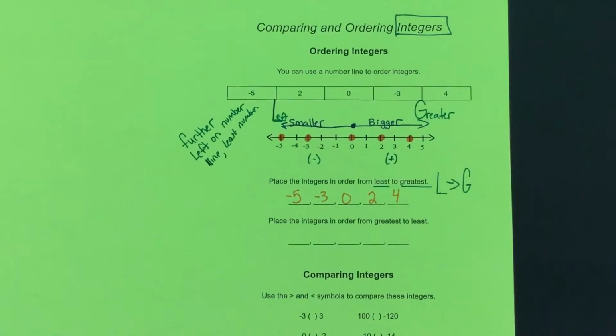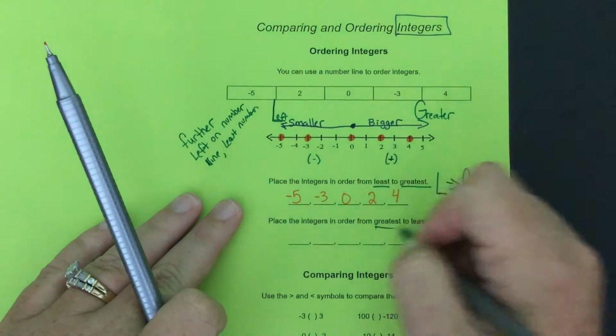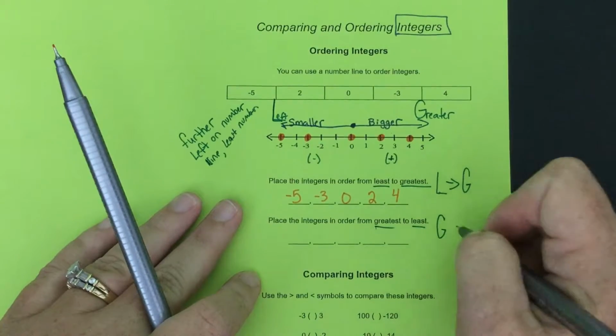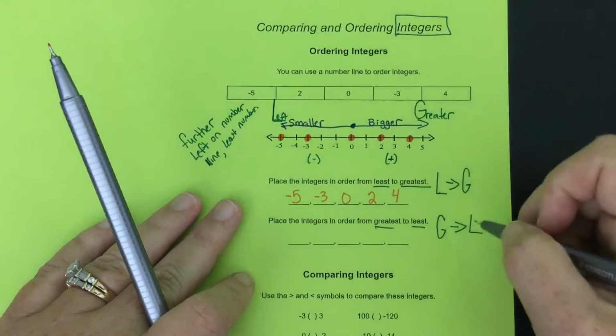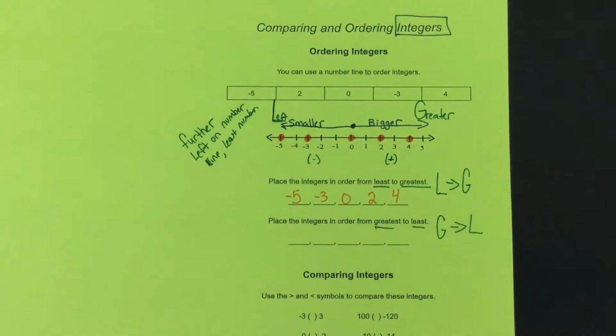Perfect. Now it says place the integers in order from greatest to least. You should have this written out next to it, the L to G and the G to L.